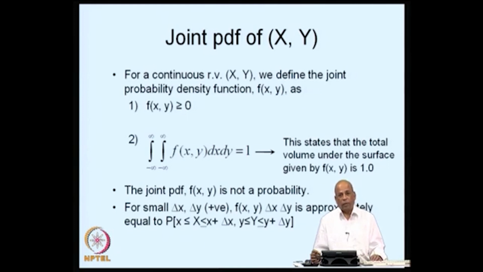So, to get the probabilities, as we did in the single dimension random variables, we identify the region in which we are interested and get the volume under the surface f of x y in that region, and that gives you the probability that the two dimensional random variable x y assumes values in that particular region.